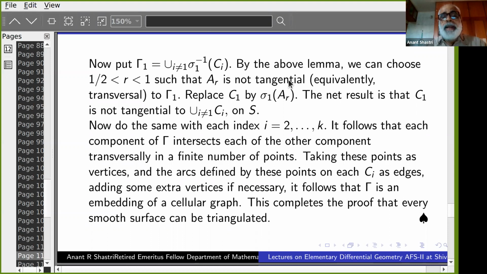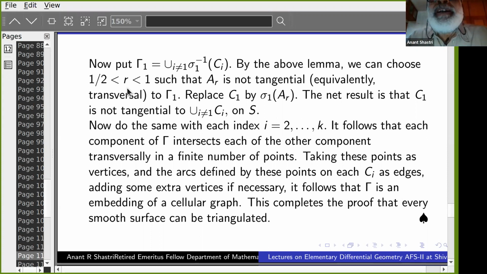By the above lemma, we can choose any number. I will choose them bigger than half. So what I'm going to do: first I took the circle with half the radius, and then they cover S. Now I'm going to expand this Si slightly bigger. If I expand the original thing slightly, they will still cover.